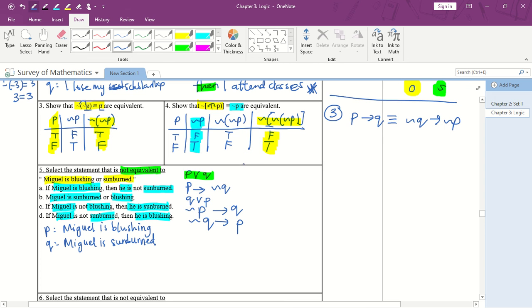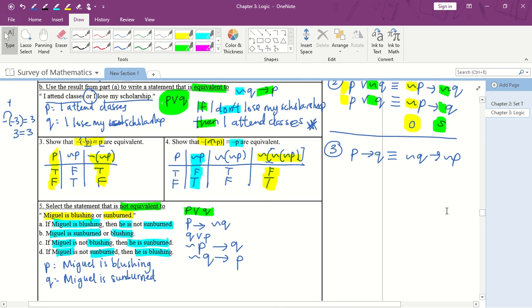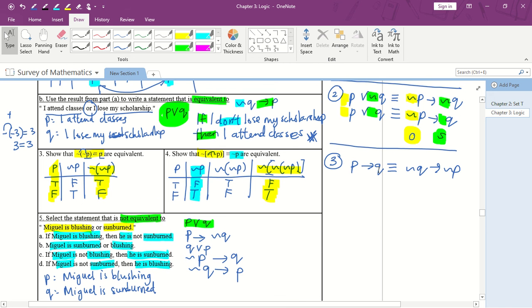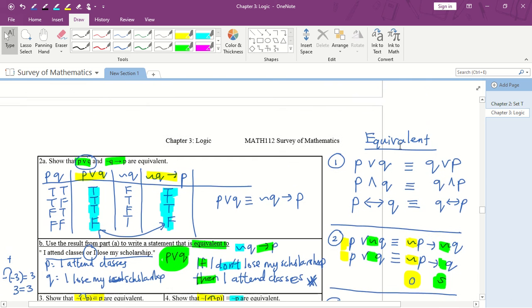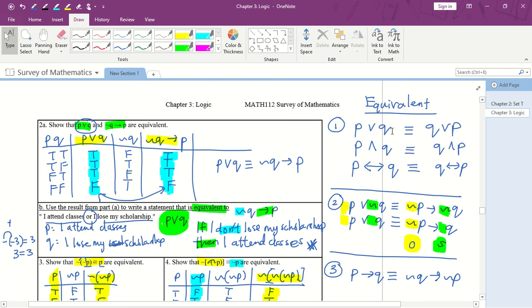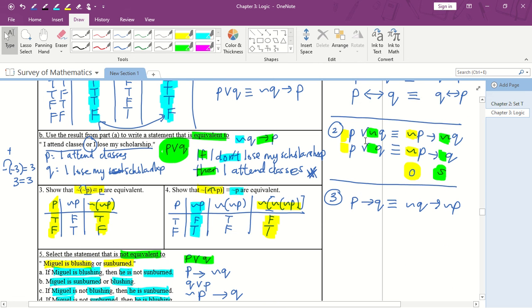So now, this is the time that we need to use the techniques, the 3 equivalent theories that we listed up here. Remember, P or Q is equivalent to Q or P. P and Q is equivalent to Q and P. P conditional Q is equivalent to Q conditional P. And for this, remember OS.